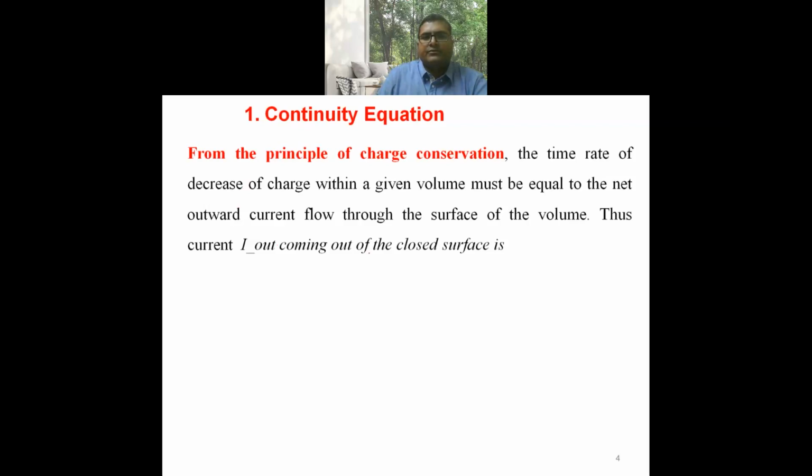Thus, current I out coming out of the closed surface is given by: minus d by dt of Q in is equal to I out, the closed surface integral of J dot dS.